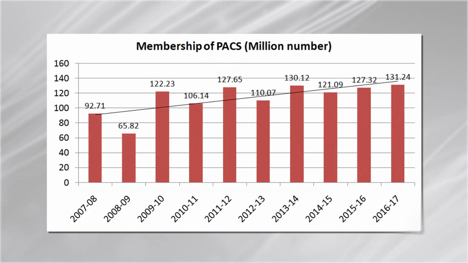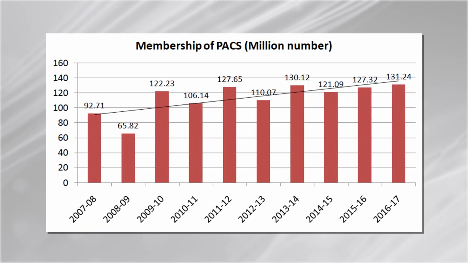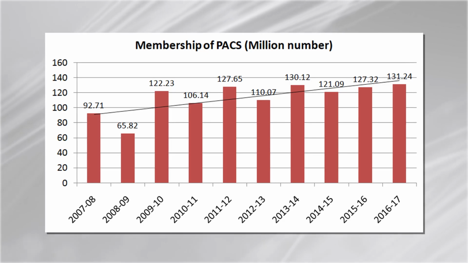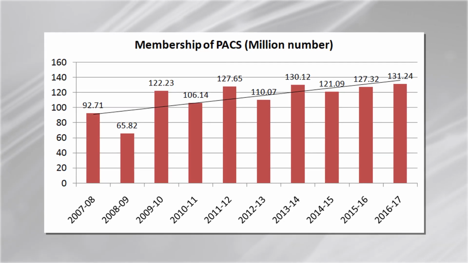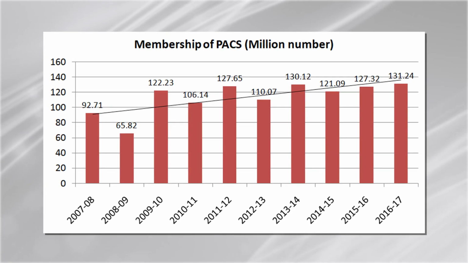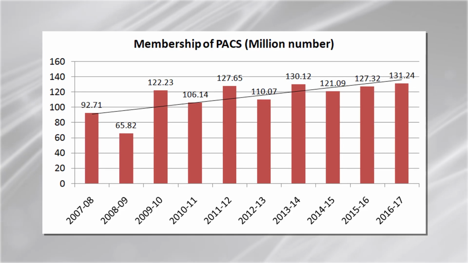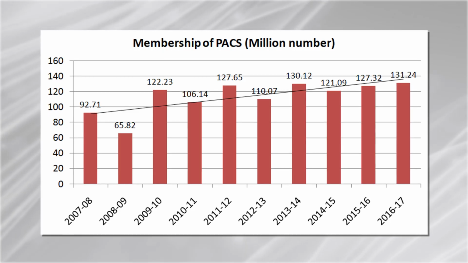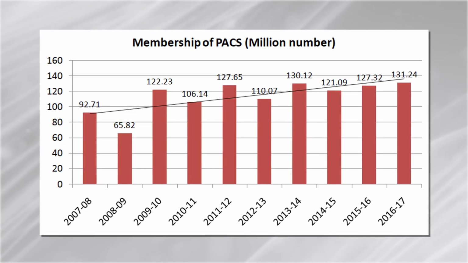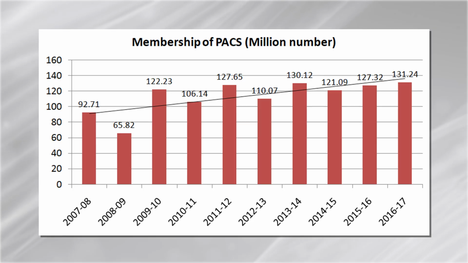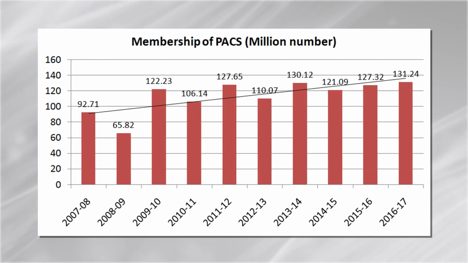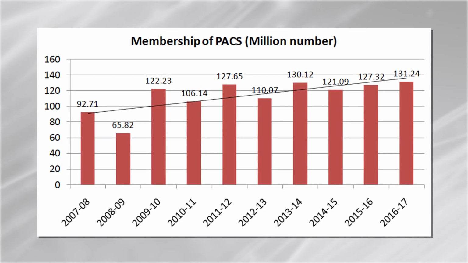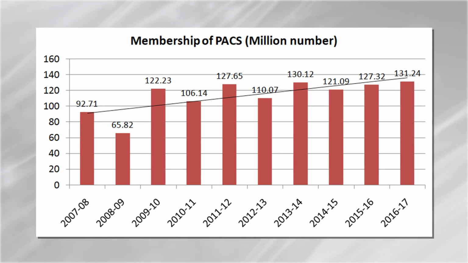Here in this slide you can see the number of members of the primary agriculture credit cooperative societies, and the number is given in millions. In the year 2007-8 we had 92.71 million, and it has increased to 131.24 million in the year 2016-17.